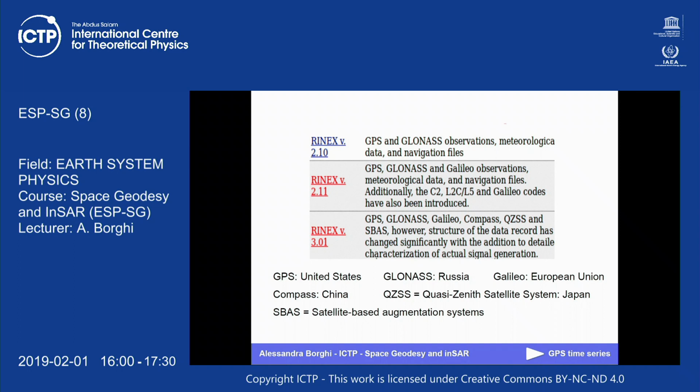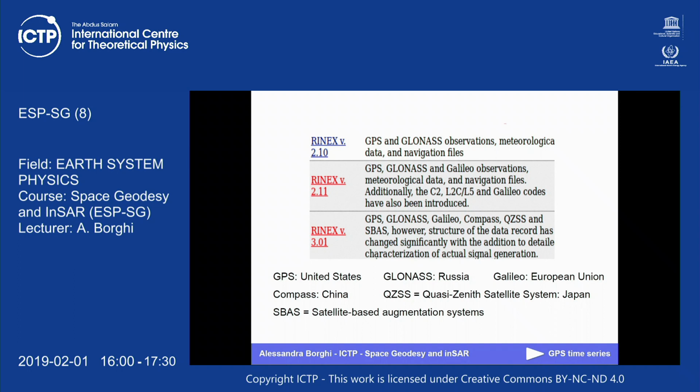For geophysical applications, at the moment, to my knowledge, we are not mixing all the GNSS observations. One, because for instance Galileo started a few years ago and only one year ago reached its complete configuration.